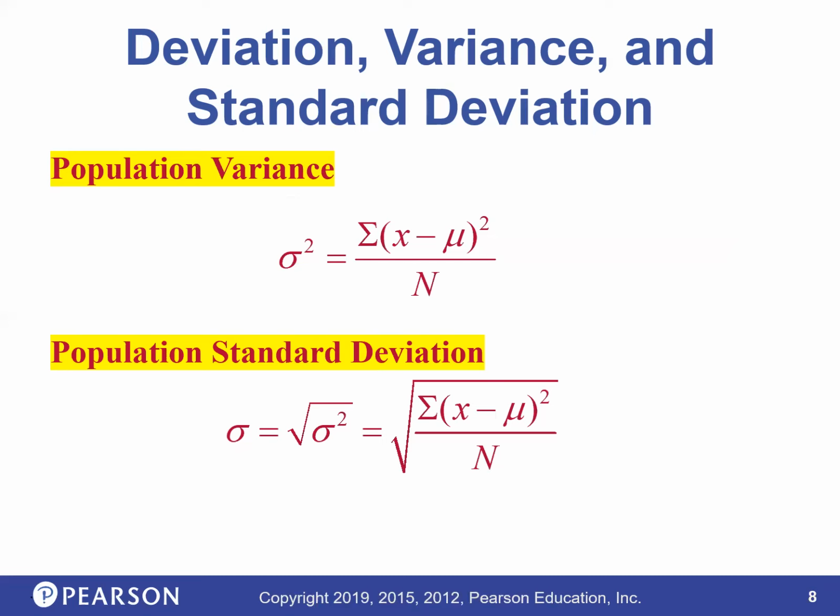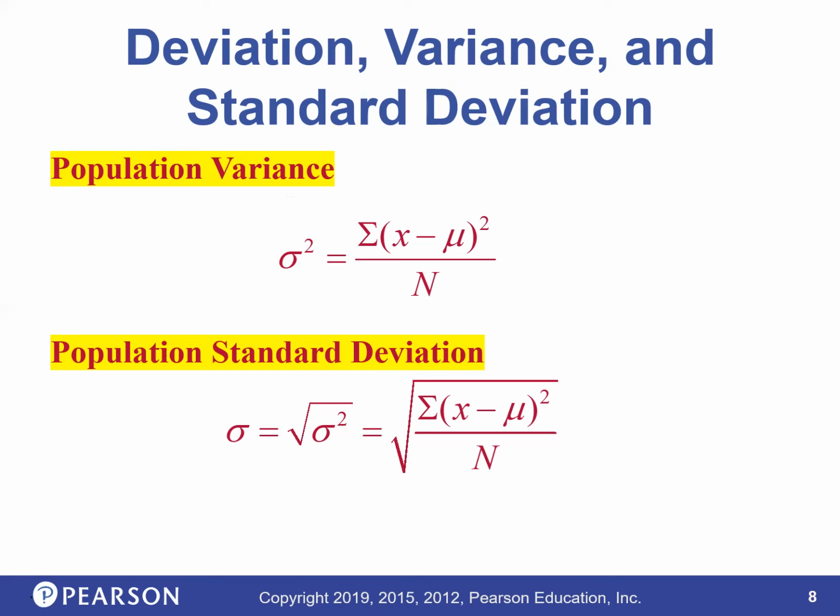What we do is we square those, add them up, and divide by how many n values we have. And that is something called population variance, used sometimes in certain tests. But the more popular one is something called standard deviation. So notice the two differences in the formulas. The bottom one, the standard deviation, is just a square root. So it's not really two different formulas.